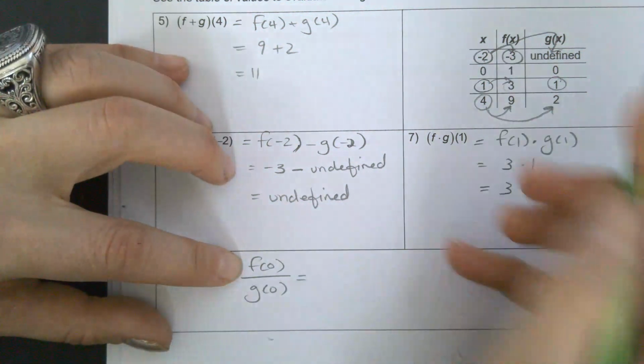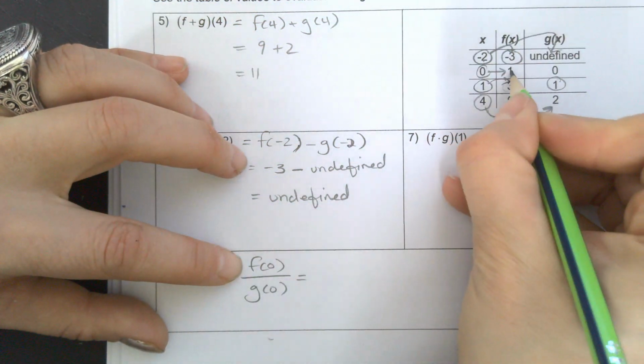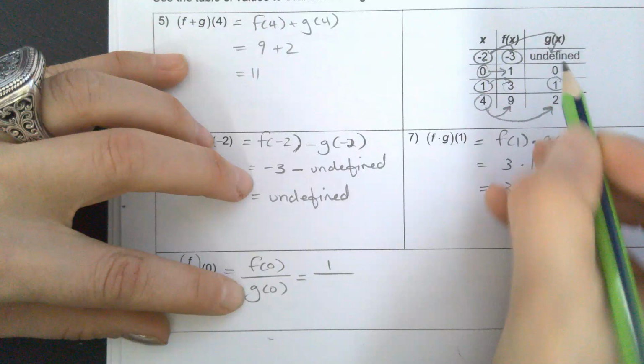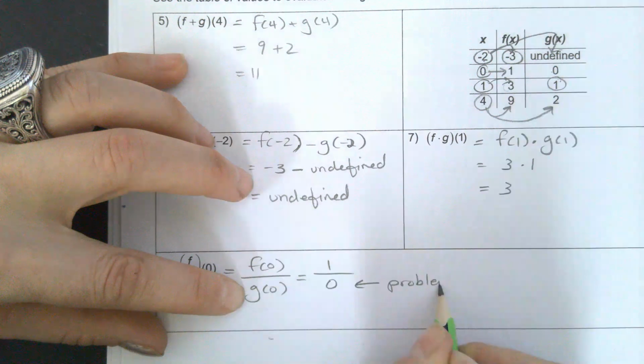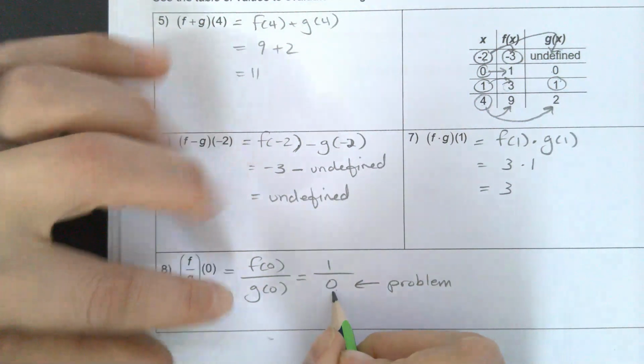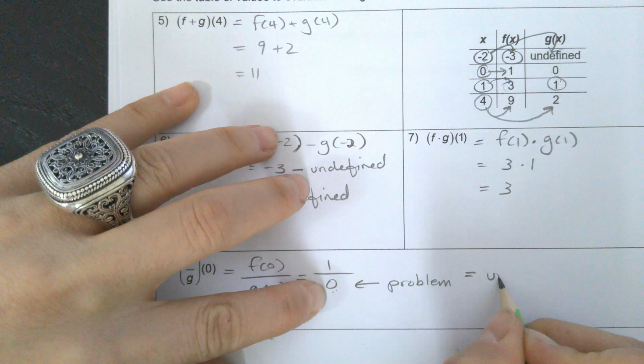So if x is 0, f is 1. And if x is 0, g is a problem. So 0 cannot be in the bottom of a fraction. So we have to say that this is undefined.